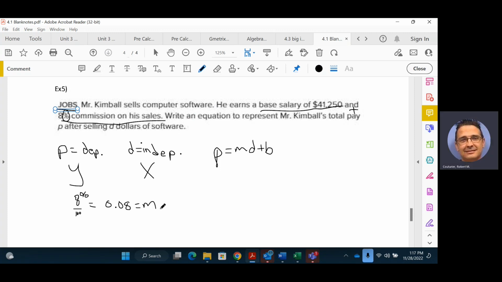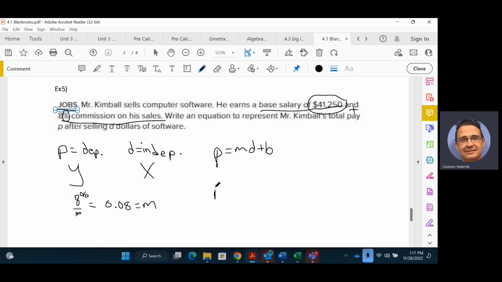And all we have to do is figure out what's our initial value. Did they give it to us? If he sells nothing, no money whatsoever, does he have an initial value, a base pay? Yes, that's right here. No matter what, if he's a lazy louse and doesn't sell a single thing, he's still going to make $42,250. Whatever his sales are for the year, that's when they're going to tack on that 8%.